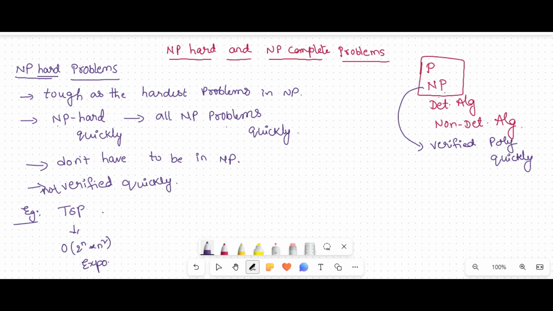So there is no shortcut or quick way to verify the solution. This is the traveling salesperson problem example of an NP hard problem.